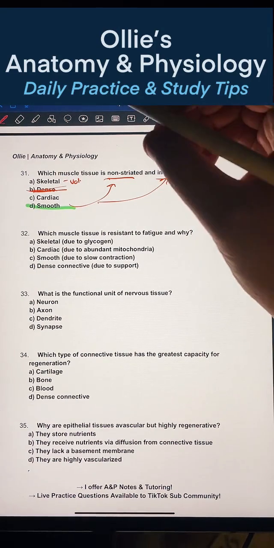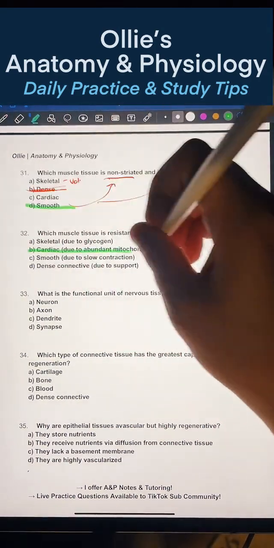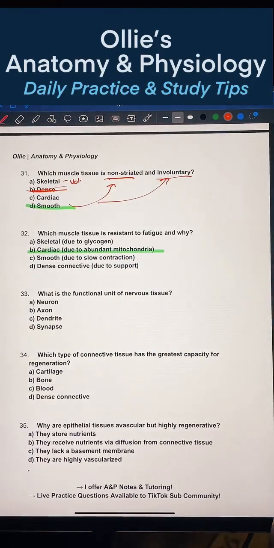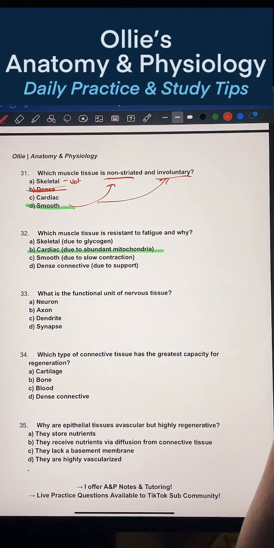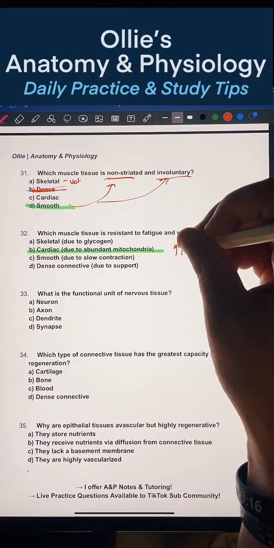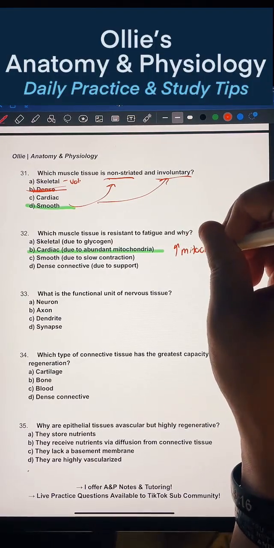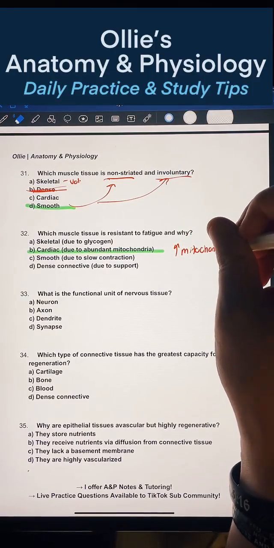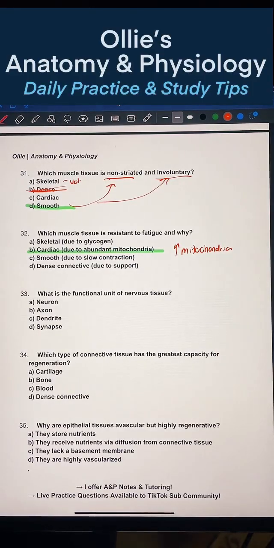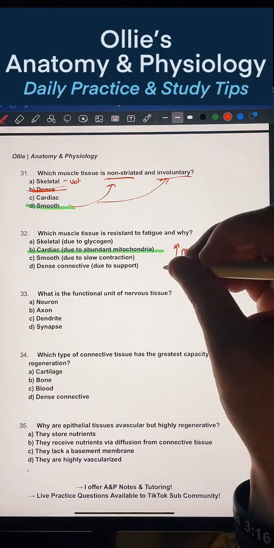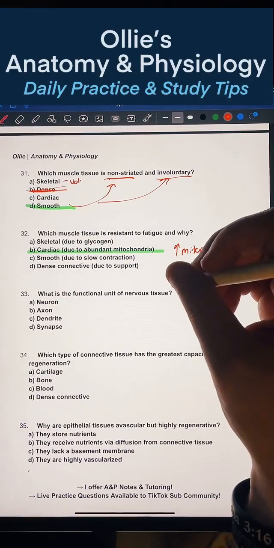But number 32, the answer is B. It's cardiac. Why? You don't want your cardiac tissue to tire out because you're always contracting your heart, pumping blood. But basically, the abundance of mitochondria is what's going to allow any sort of muscle in general to resist fatigue, mainly because mitochondria, like we mentioned, is the powerhouse.